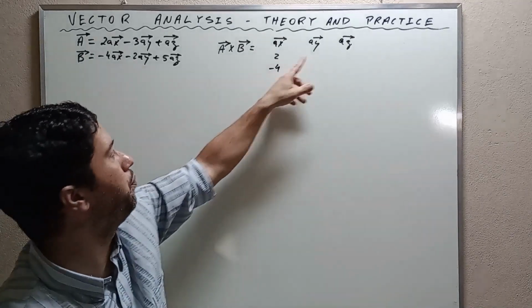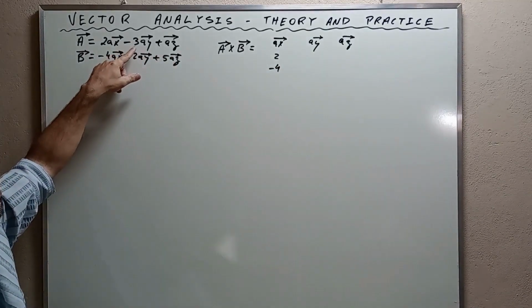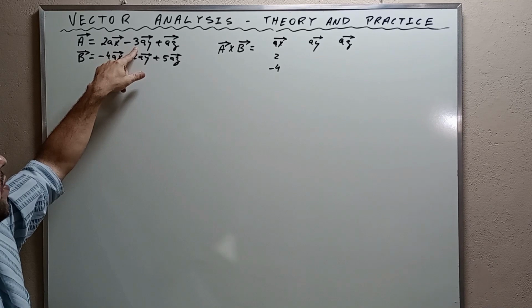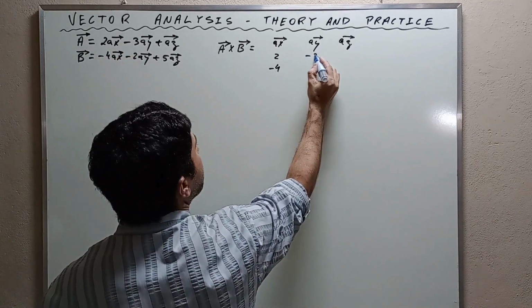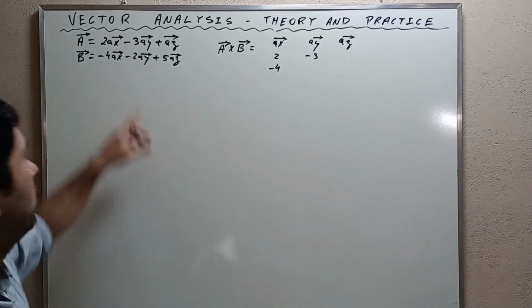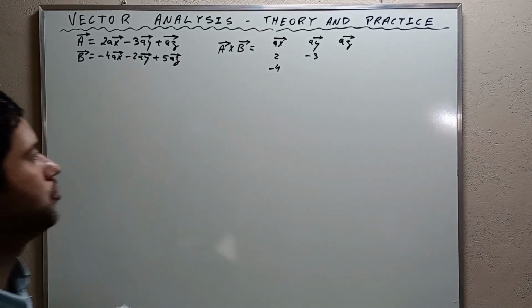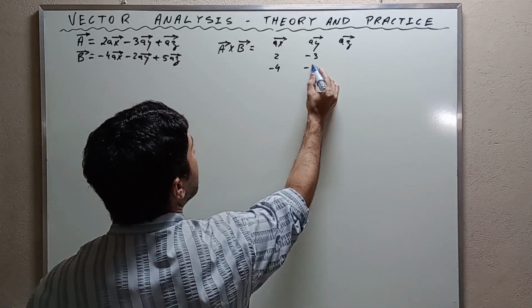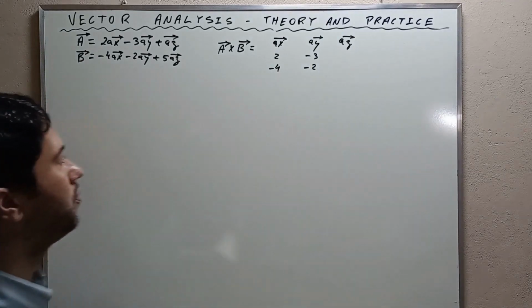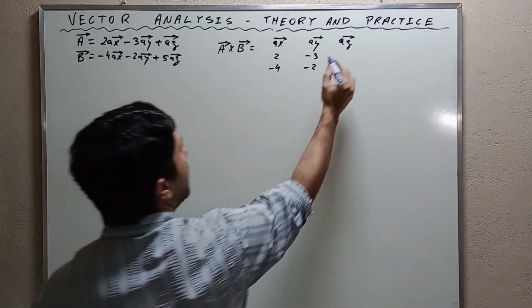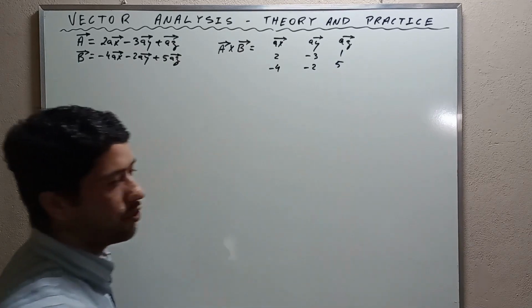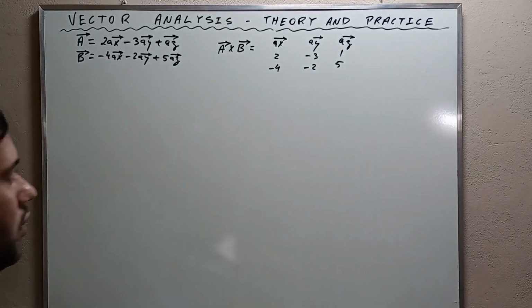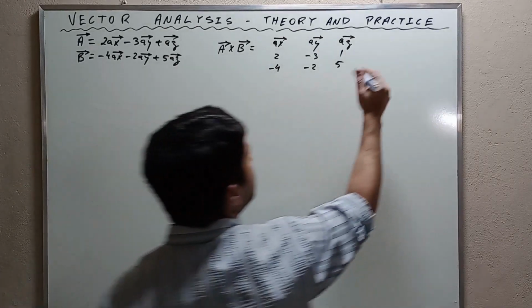Below AY we put A in the y direction, which is -3. And the same for B, which is -2. The same we do for the z direction. For A is 1 and for B is 5. To use the rule of Sarrus, we repeat the first two columns.